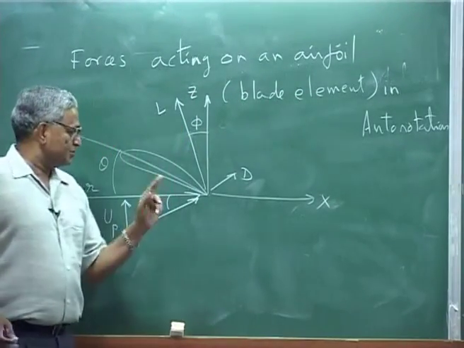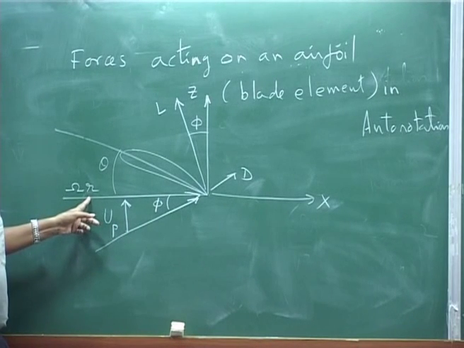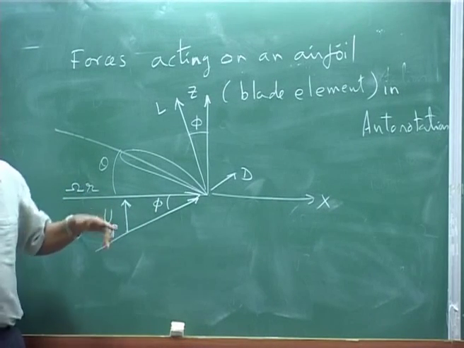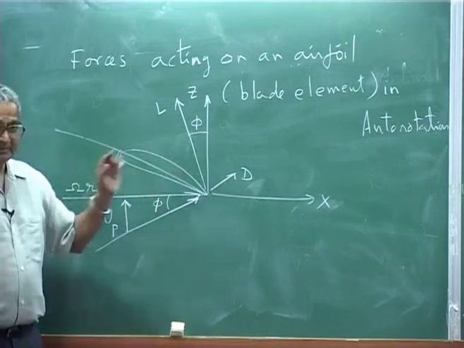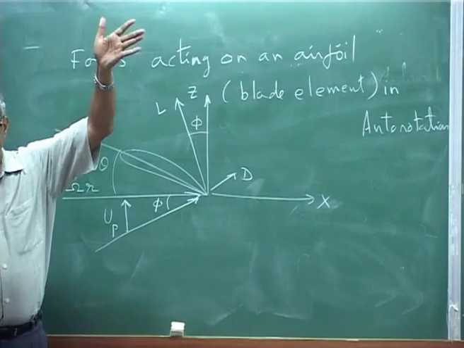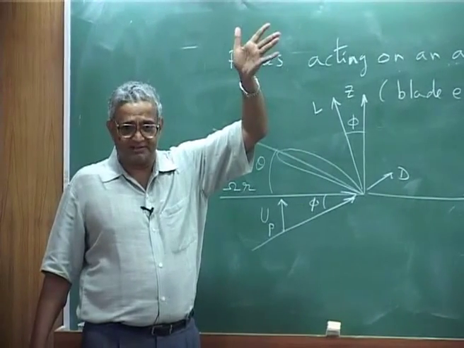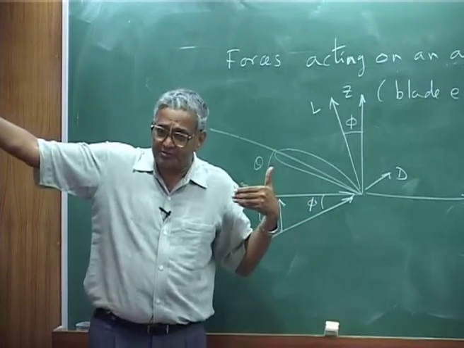Now, what will happen? This will be rotating because at the instant you will have omega r and the rotor descends, this is the velocity u p, and your lift and drag, your Fz is actually the weight of the helicopter, that is the thrust you can say. I am talking for one section, but basically you have to integrate over the entire blade.